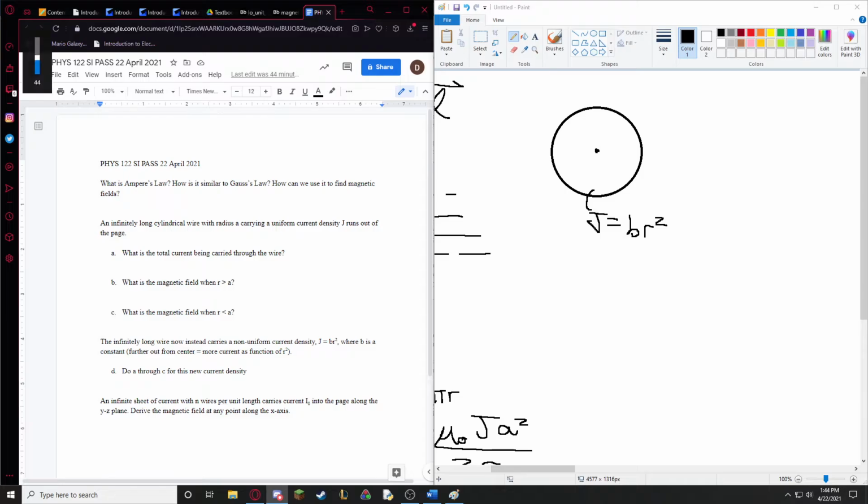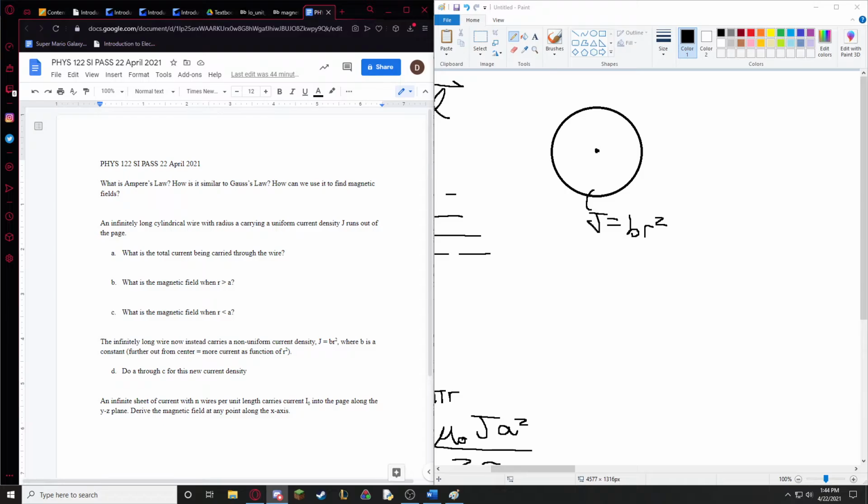All right, so how would we find our total current flowing through the wire based on a non-uniform current density? You just use the same equation that we used earlier, J equals I over A, so I equals J A. And we know that J is B R squared.